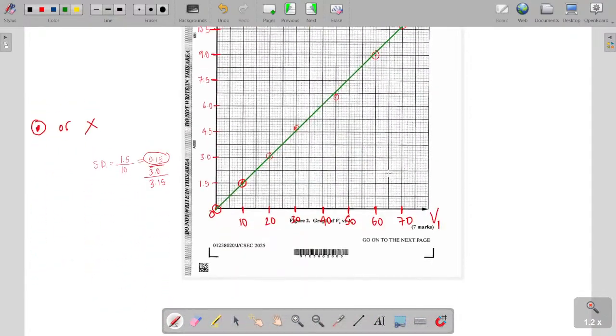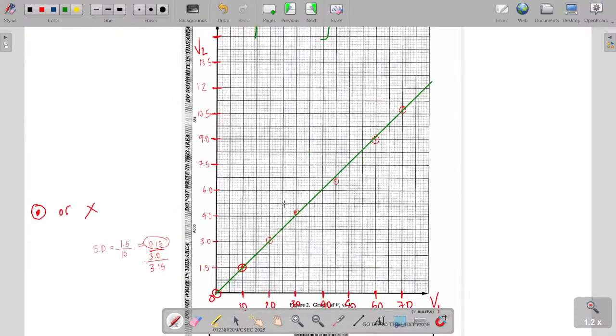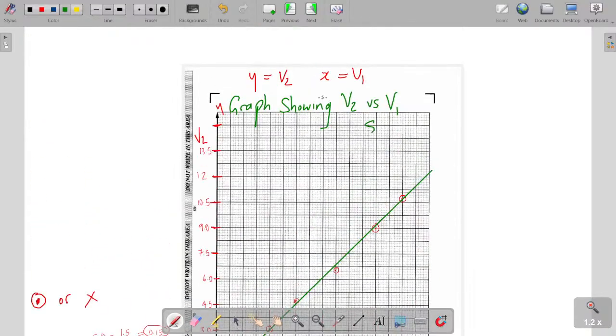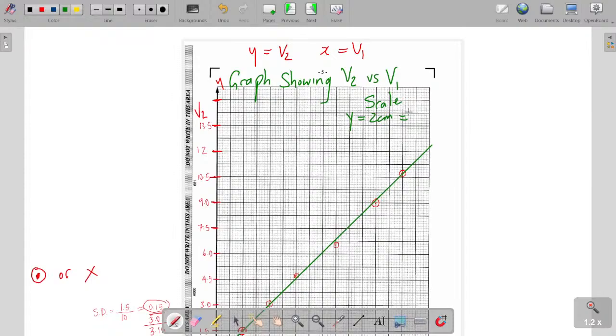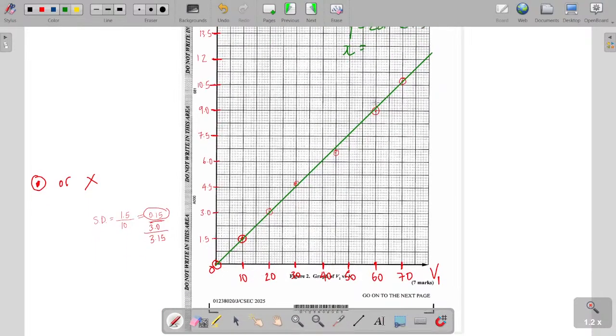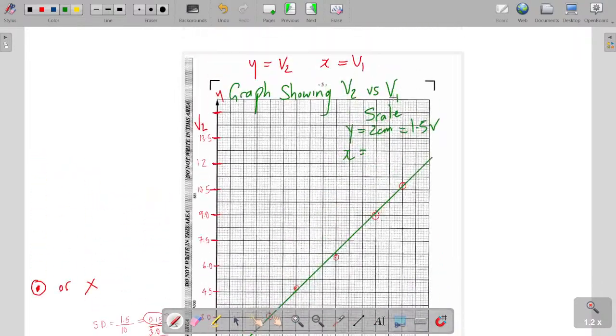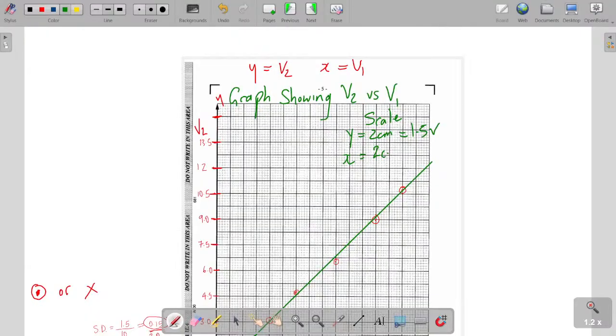So the scale for the graph: for the y-axis, every 2 centimeter block we're going up by 1.5 volts. And for x, for every 2 centimeters we're going up by 10 volts.